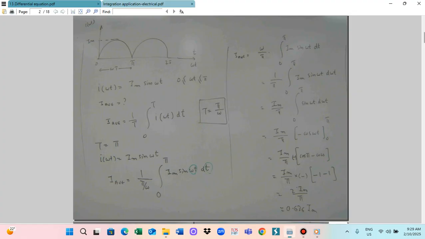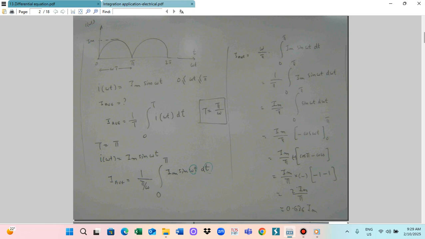So this will be the half sine wave, from 0 to pi here, and this is 2 pi. The horizontal axis will be t and omega t, and the maximum value is Im.